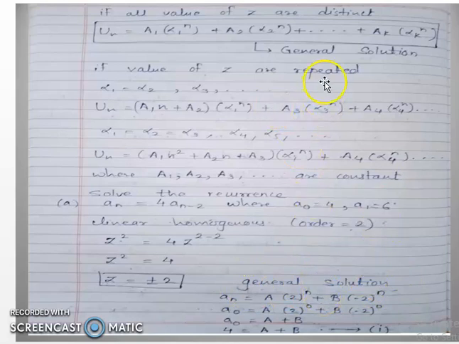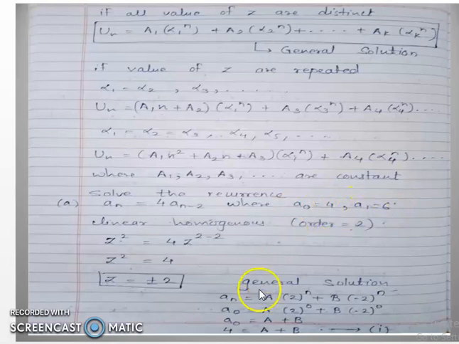If the roots are different, that is distinct, then an is equal to a into the first root, alpha 1 raised to power n, plus b into the second root, alpha 2 raised to power n. Then we have the initial conditions a0 is equal to 4 and a1 is equal to 6.